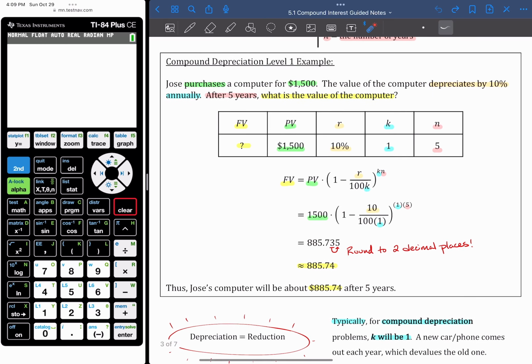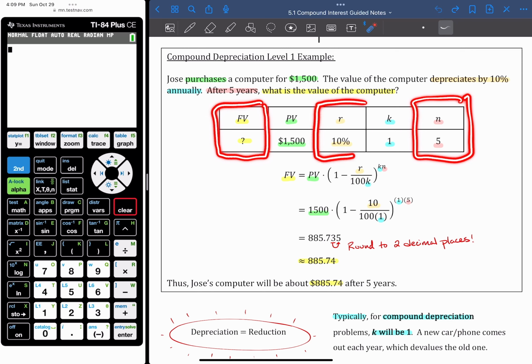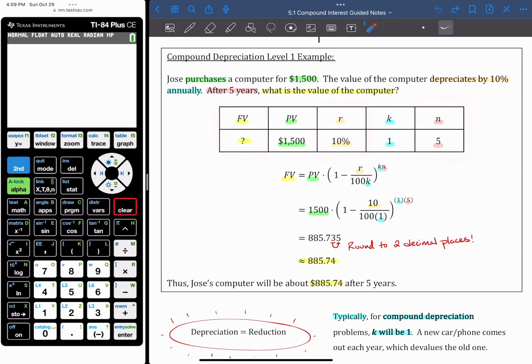So let's take a look at a compound depreciation question. Jose purchases a computer for $1,500. The value of the computer depreciates by 10% annually. After 5 years, what is the value of the computer? So again, we're looking for the final value after 5 years with a rate of depreciation of 10% with the starting price of $1,500.